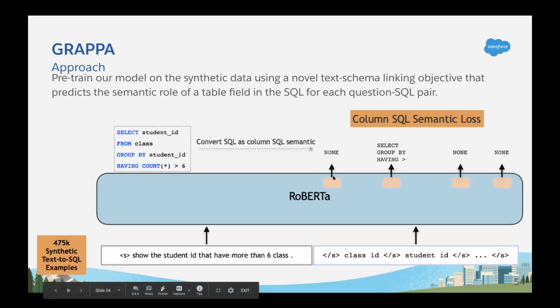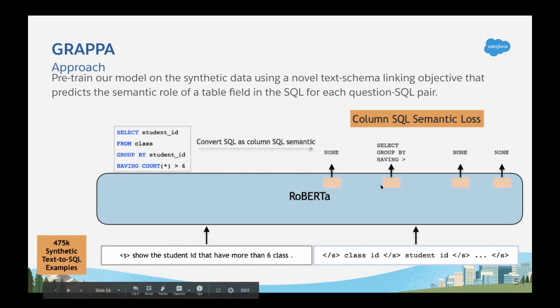For each column's tag token, the model predicts the semantic label for this column when doing text-to-SQL. Given the ground truth SQL, we can have the ground truth label. For example, if the column is not used in this question, the prediction should be none.